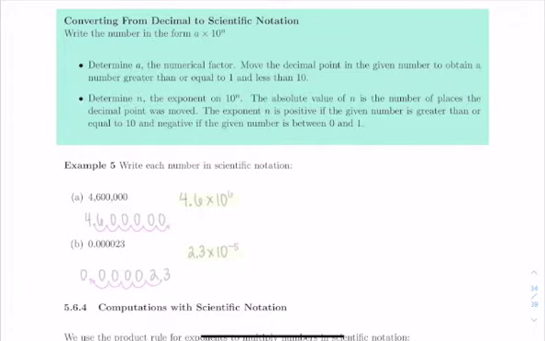So we have 4,600,000. To find the a, we want to put the decimal place right after the first number that is not 0. So in this case, the 4. So I'm going to put my decimal place right between the 4 and the 6. That is going to be your a. Then we know we're going to have times 10, and we need to figure out the n part.